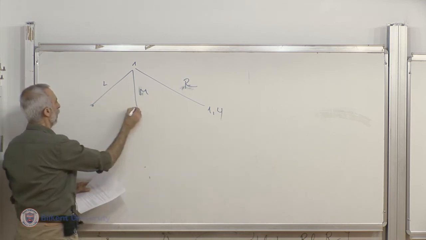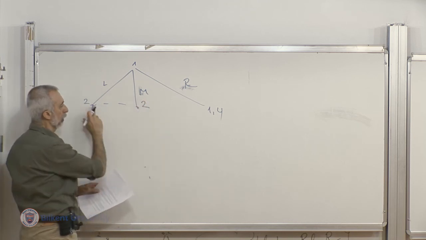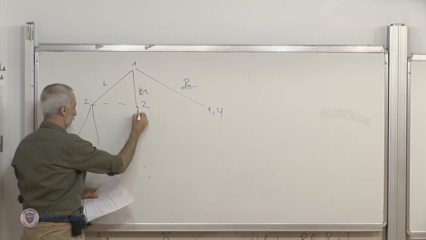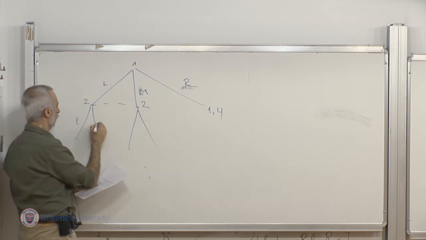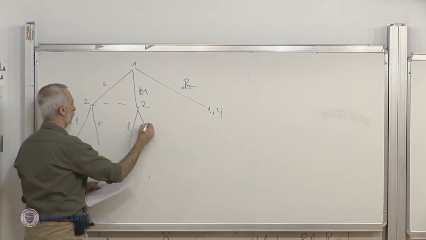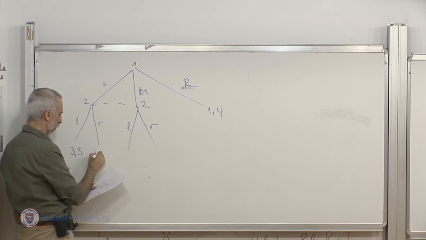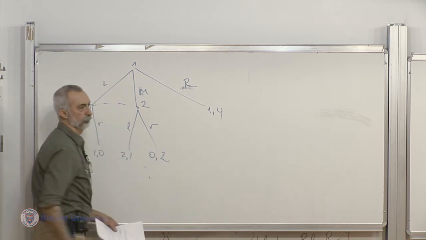If he chooses L or M, then it's player 2's turn to take an action, but player 2 is not informed about this. So he has to choose between small l and small r, and the payoffs are 3, 3, 1, 0, 2, 1, 0, 2.